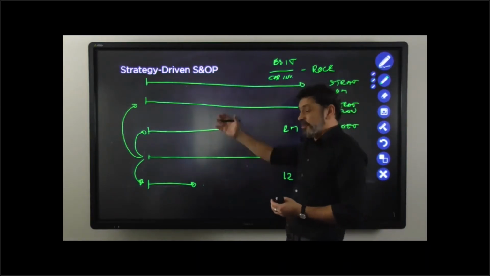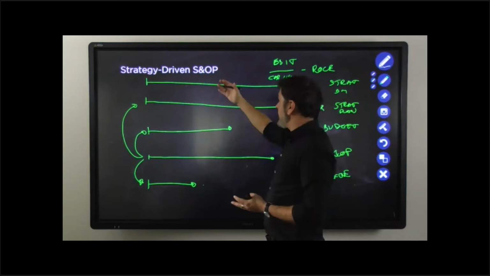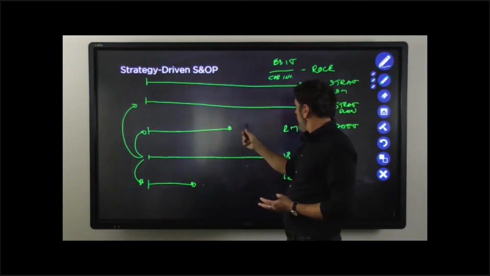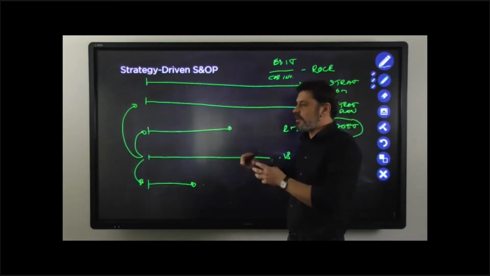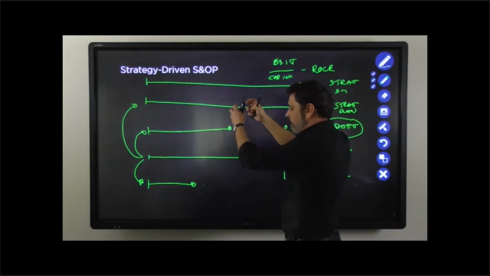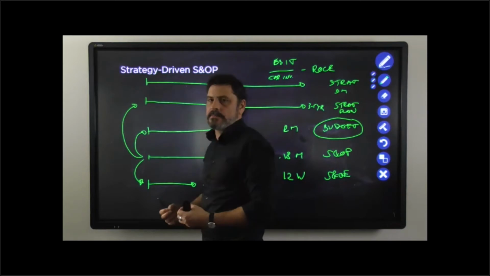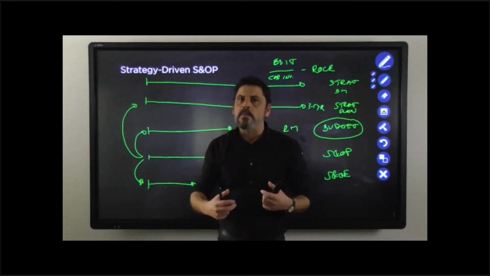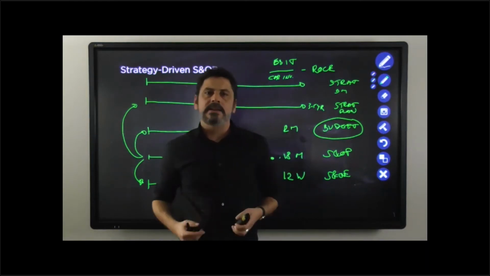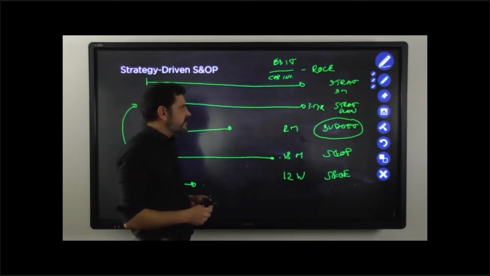It should be the communicating vessel with your strategy. Your finance, your budget should be really included in there. It should not be a separate plan. And getting all that together in one system, in one calculation, in one effort, that is exactly what we aim at with strategy-driven S&OP.